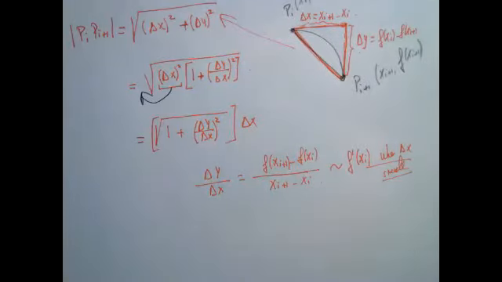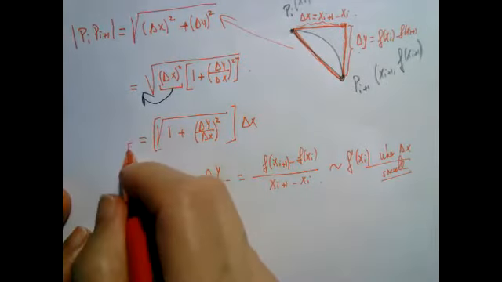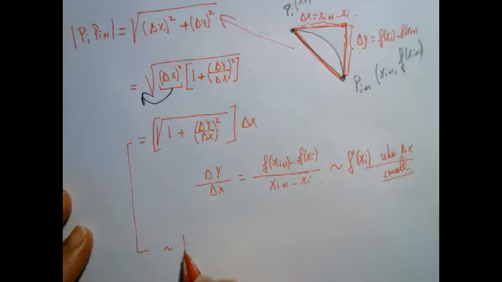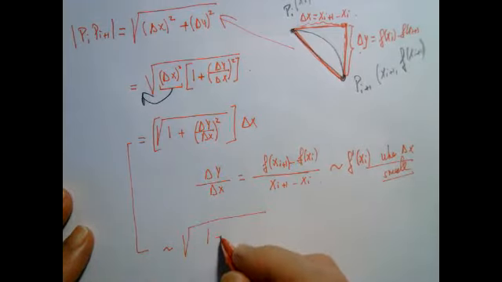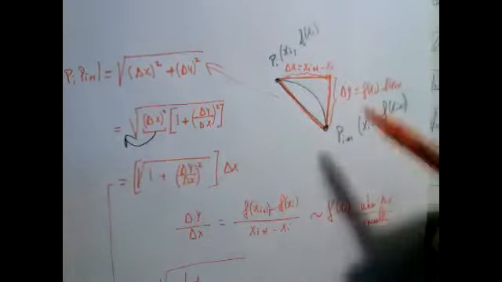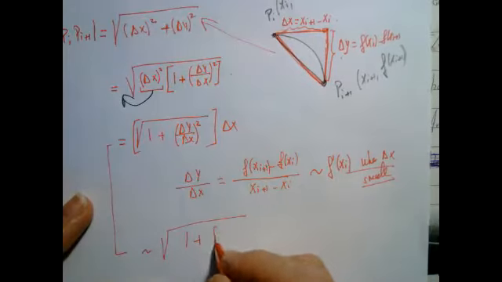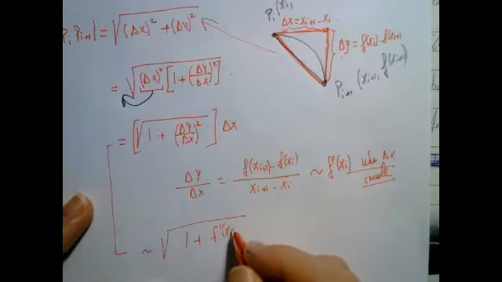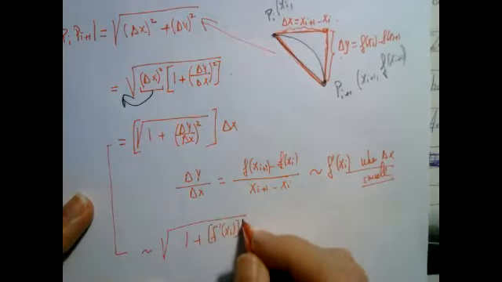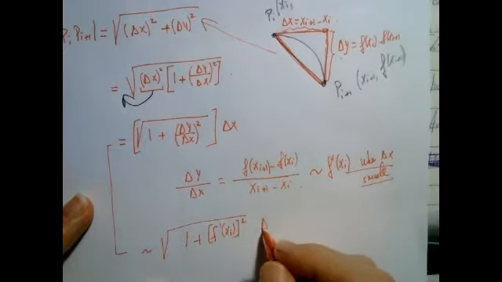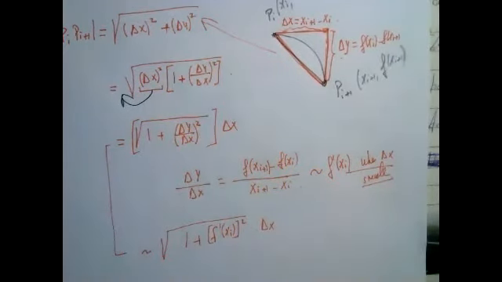Okay, so this square root, now I go back to that. So this is almost equal to 1 plus the delta y over delta x, which is nothing more than the derivative when delta x is small. So this is 1 plus the derivative at x_i squared, times delta x.